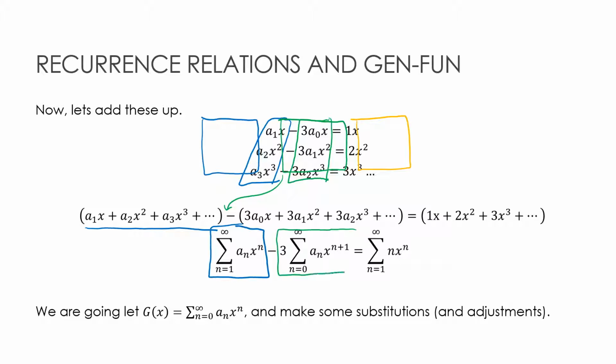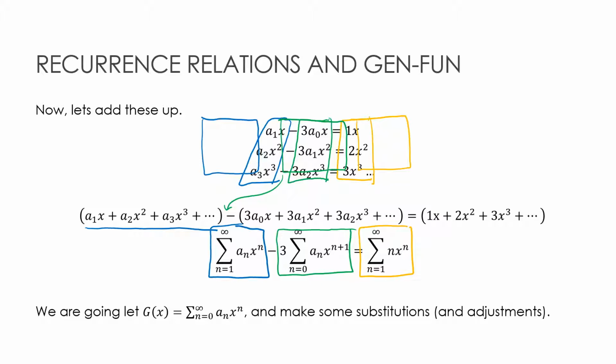And notice I've just factored that 3 to the outside. Then lastly, I would look at my last column, x plus 2x squared plus 3x cubed plus 4x to the fourth, etc., which I can write as the summation as n goes from 1 to infinity of n times x to the n.